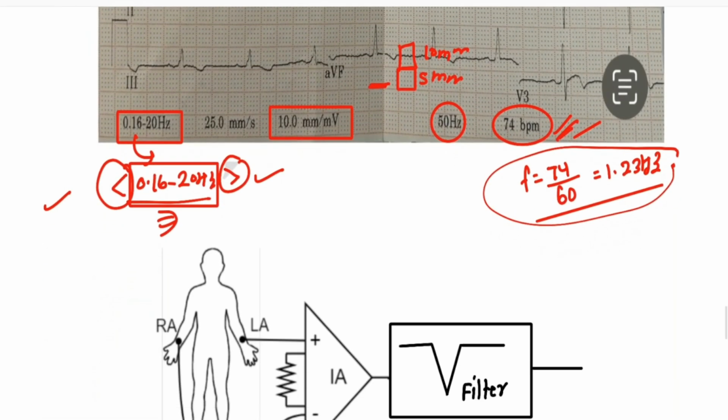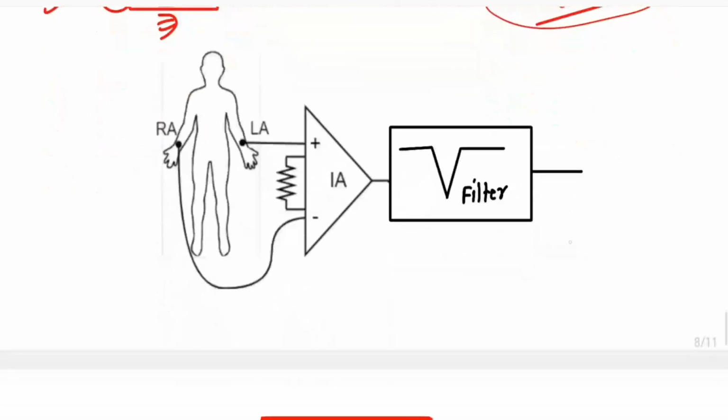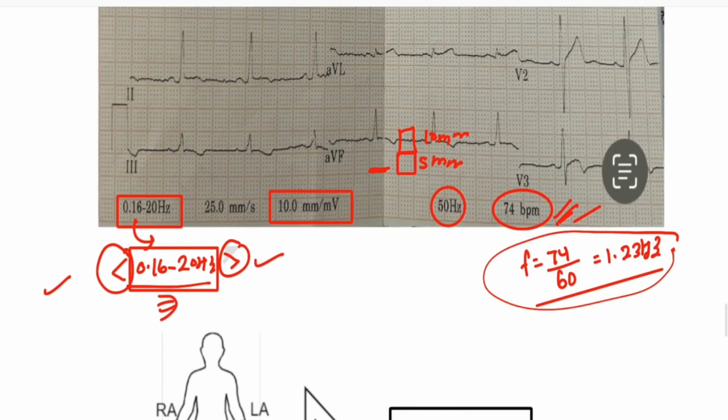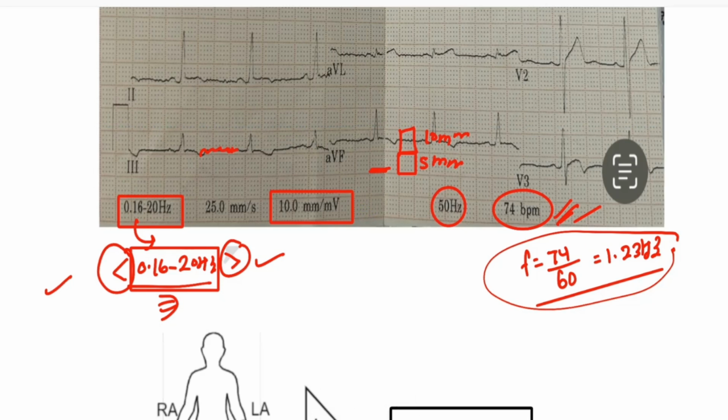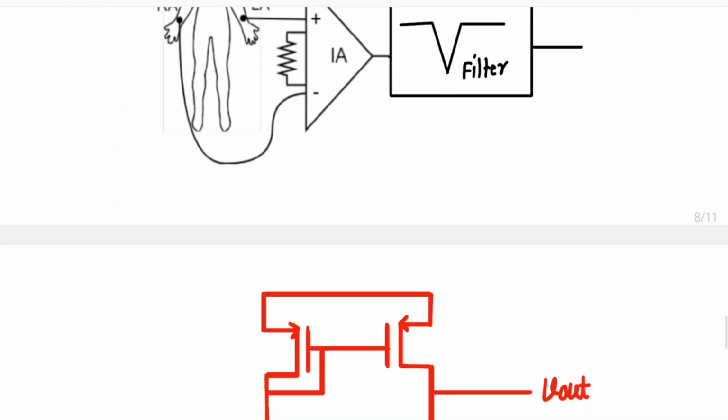I just wanted to give an idea of how these things work and the importance of CMRR. Suppose this low frequency part is the signal, and I'm taking 1 to 2, and these high spikes are like 10 to 15, because it's like one and a half brackets.